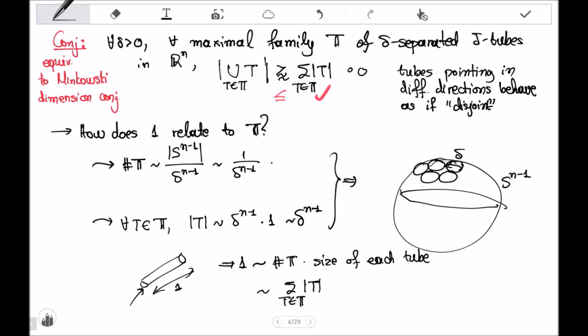Okay. So together they will cover up a lot of space, pretty much as if they were disjoint. And morally, that would mean also that their overlap is very small.